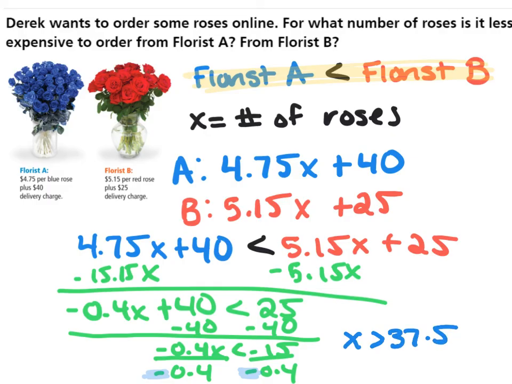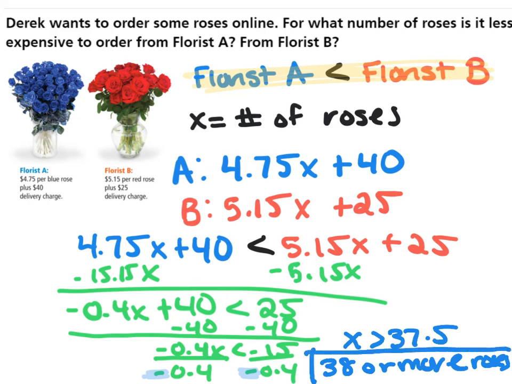What this tells us is that when you order 38 or more roses, because we can't order half of a rose, it's less expensive to order from florist A.